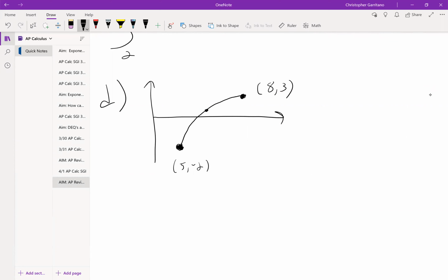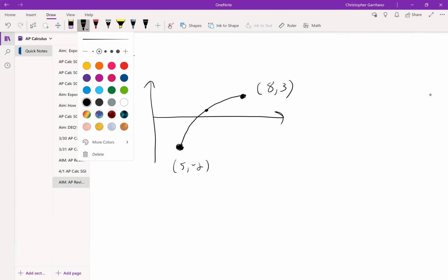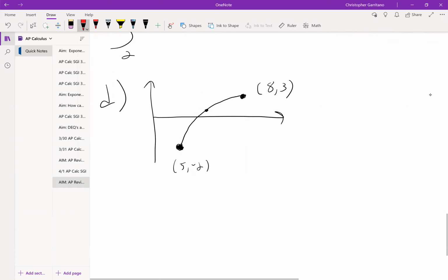That got ugly real quick. Let me use a different color anyway. So here's my tangent line. So we are going to use this tangent line to show that f of 7 is less than 4.